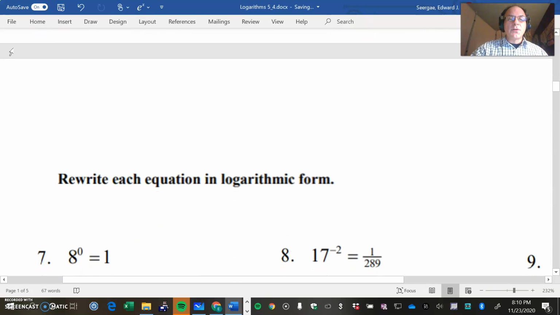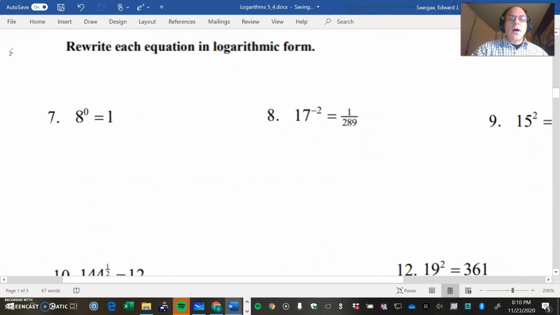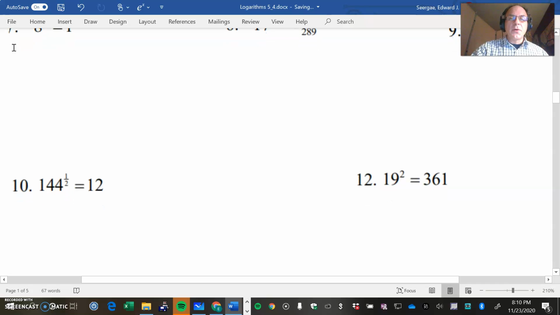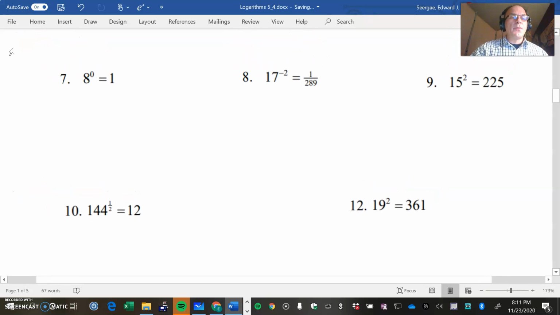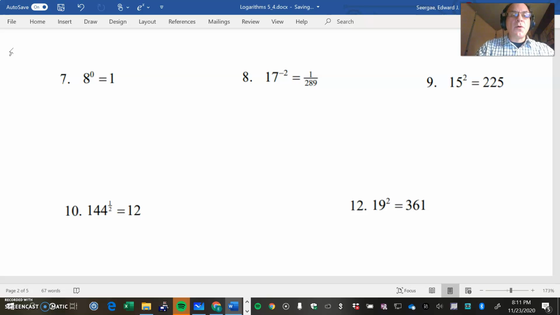Down here we had started to write some, and you can do that on your own. I will fill in a couple of these so you can see them, and then I will make sure this gets posted with the answers in them as well. So I'll just go ahead and put the answers in, and then you can try them on your own to make sure you got these.